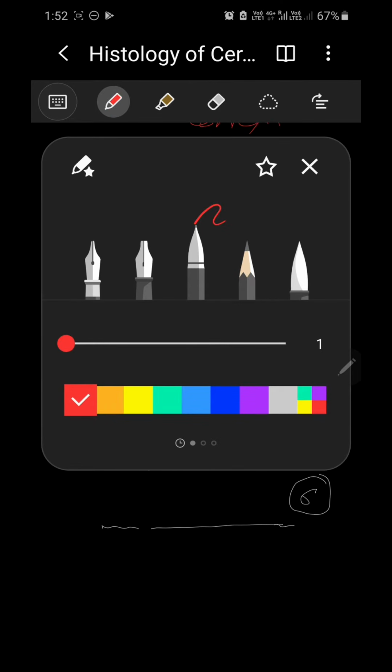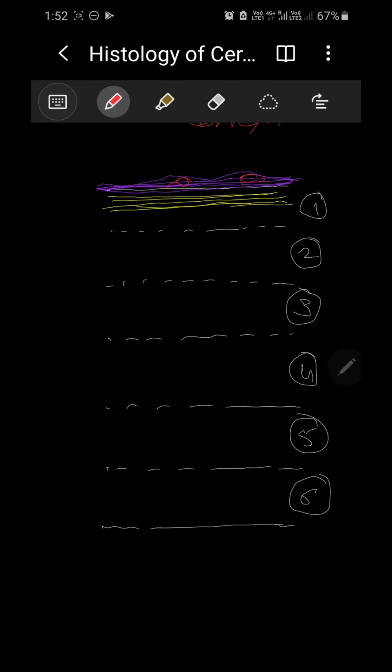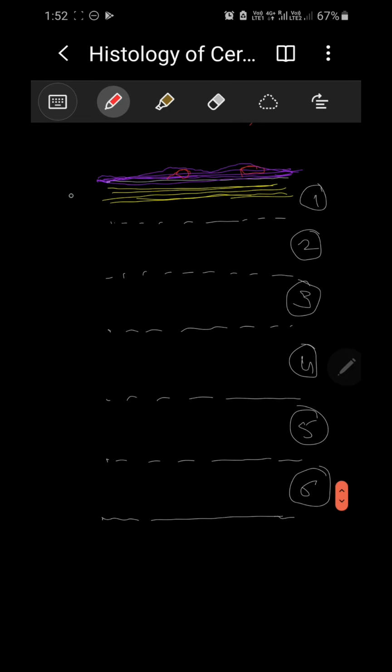Let's write down the name first. I'm writing in short because there's less space. This layer is called the molecular layer, or the plexiform layer. I'll describe them in detail later on. So this is the plexiform layer.